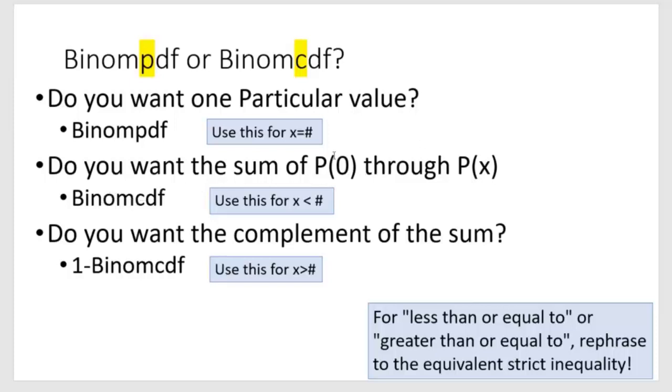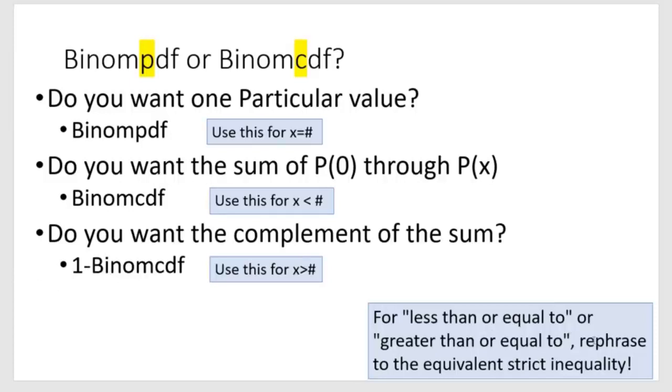Because a CDF normally starts at the sum of 0 and goes through whatever value you enter, okay, that one is what you use when you're wanting less thans. So if it says less than, you've got to think about what you're wanting there. And if you need the complement, you have to do 1 minus.